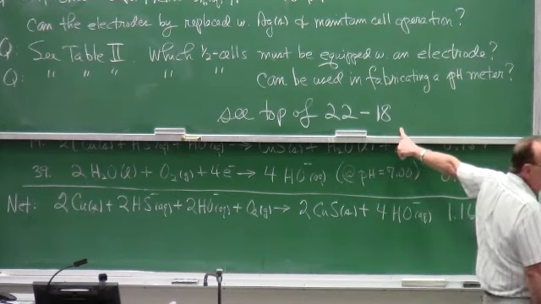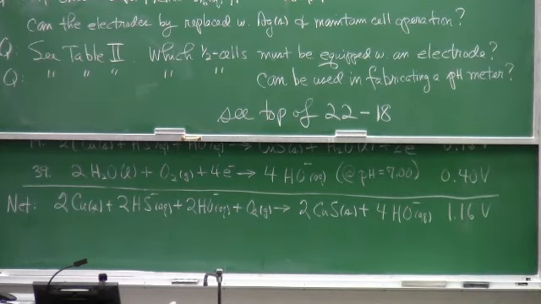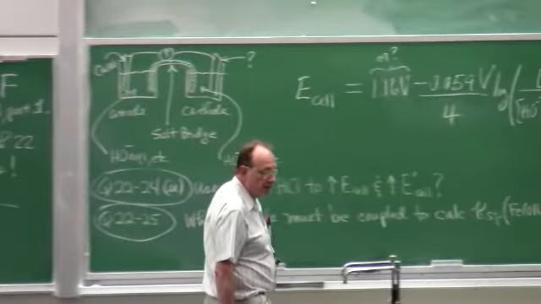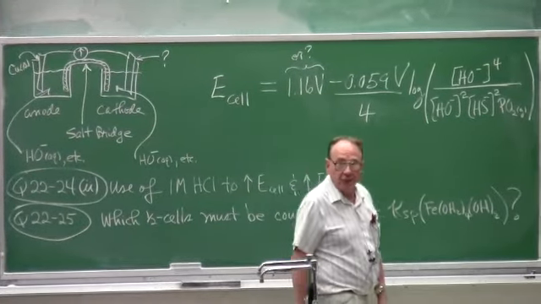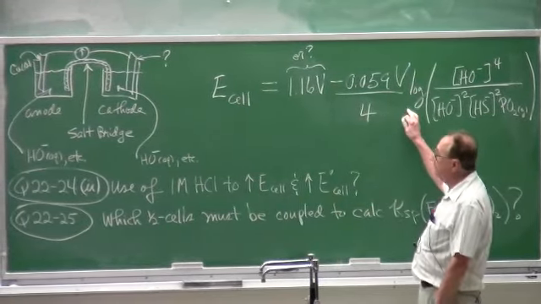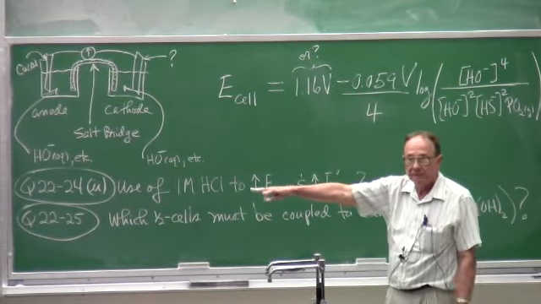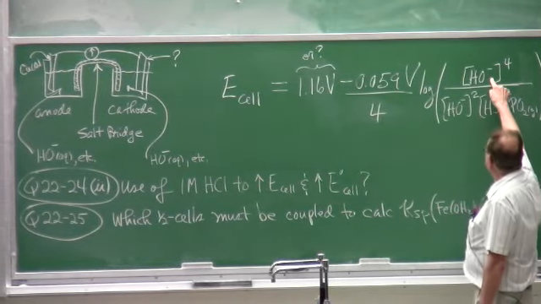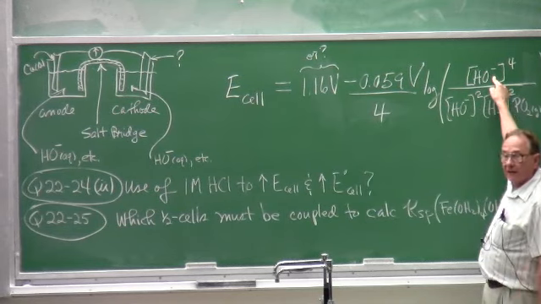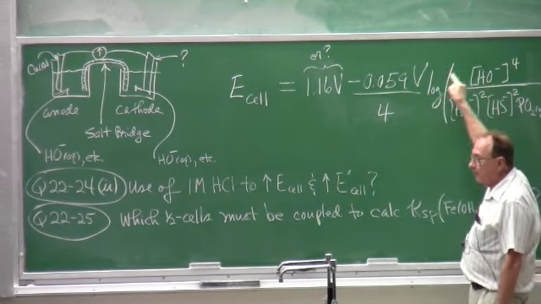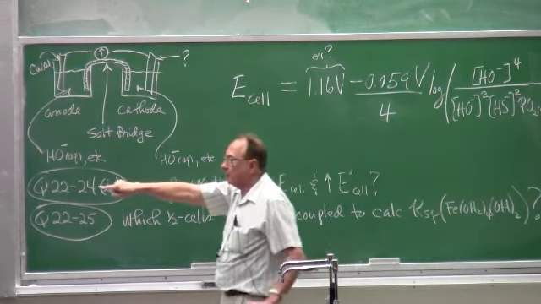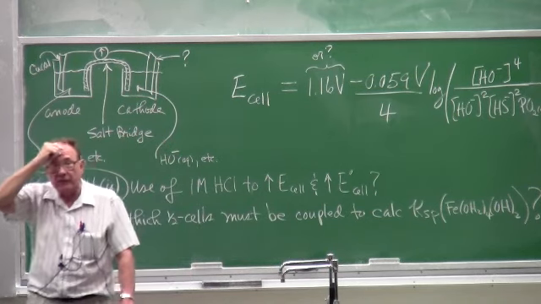That's what this discussion at the top, page 2218, is about. So when you write the Nernst equation for an operating electrochemical cell, like we have written here for this cell, hydroxide ion concentration to the fourth power up top corresponds to hydroxide ion in which half cell, anode or cathode?